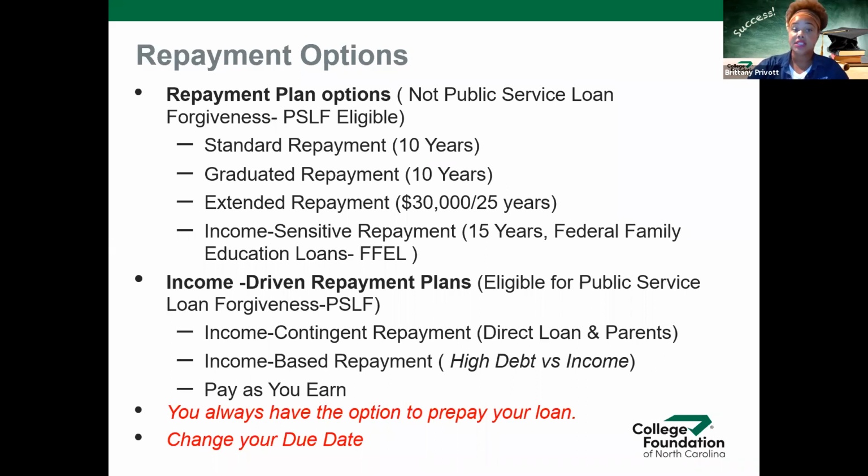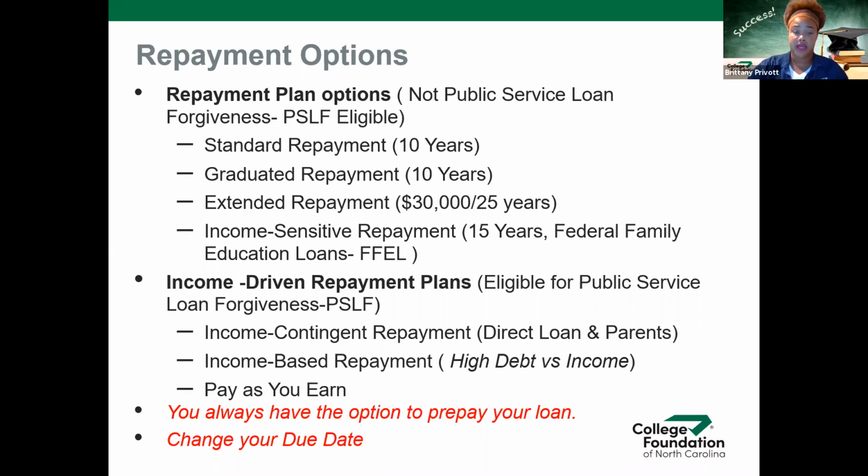So we have our standard repayment, which is typically about 10 years, our graduated repayment, which is also 10 years, extended repayment, which is $30,000 over 25 years, income sensitive repayment, which is 15 years, and includes Federal Family Education Loans, or FFEL.